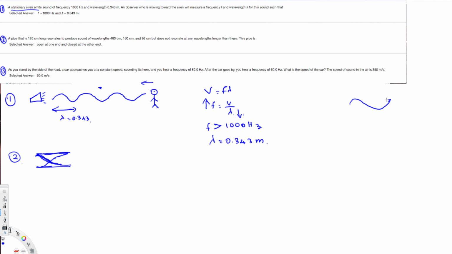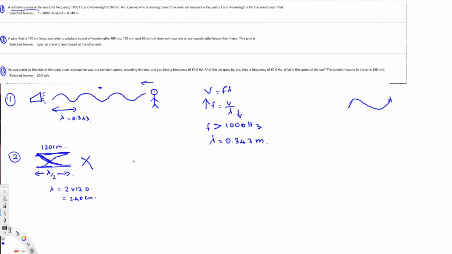This is not going all the way. So this is lambda by 2. Lambda by 2 is equal to 120 centimeter. Therefore, lambda is equal to 2 times 120 centimeter, that's 240 centimeter. If you check this value, do we have 240 centimeter right here? We don't have that. So this is not right for this question.